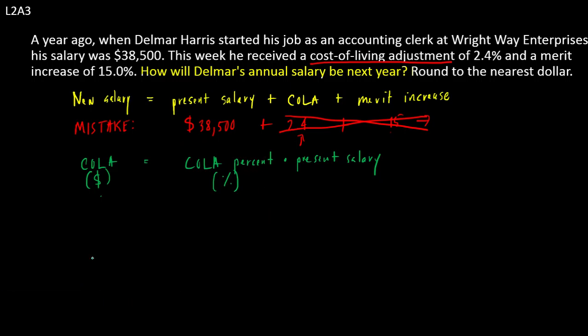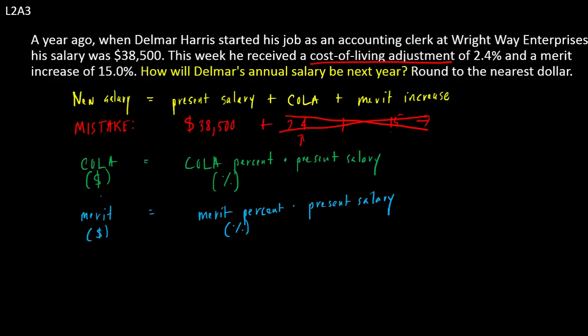And I would do the same thing with merit increase. So if I wanted to find my merit increase, the actual dollar amount, I take the merit increase percent, the percentage that they give me, and I multiply it by the present salary.